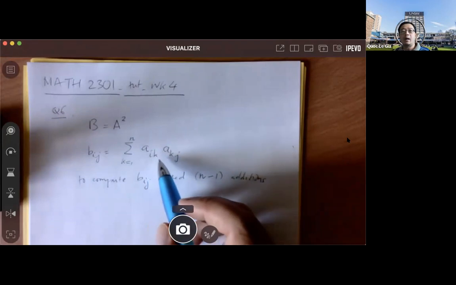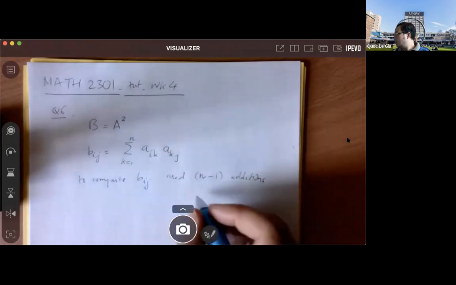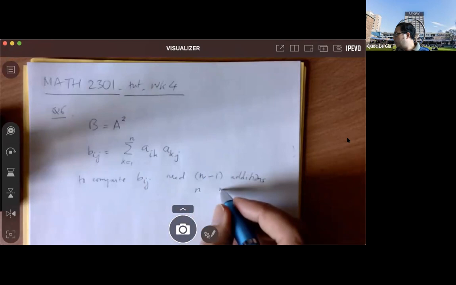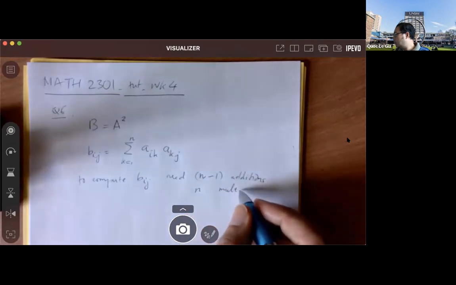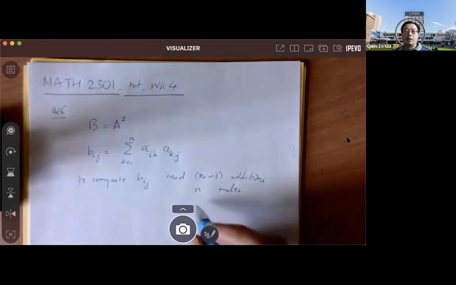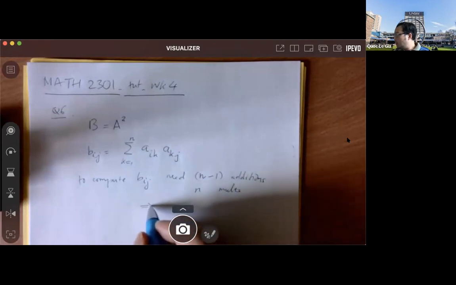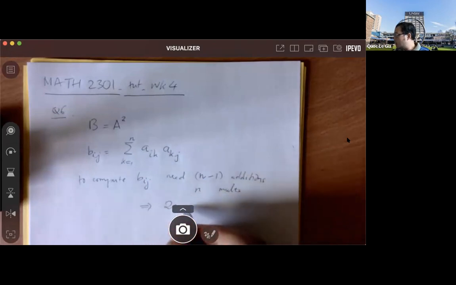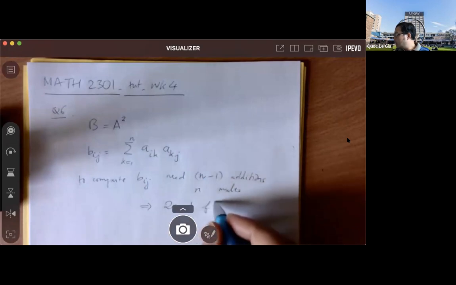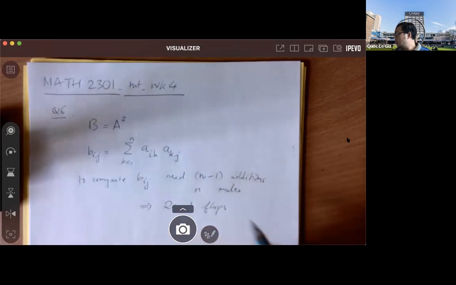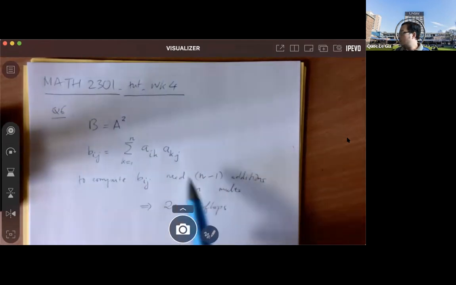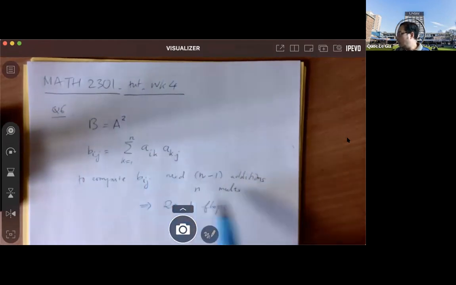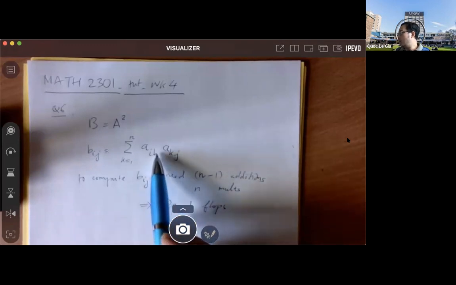You take a_ik multiply a_kj, you have to multiply n times, so n multiplications. So totally you need 2n minus 1 floating operations just to compute b_ij. Well, n minus 1 additions and n multiplications, because you have n terms.